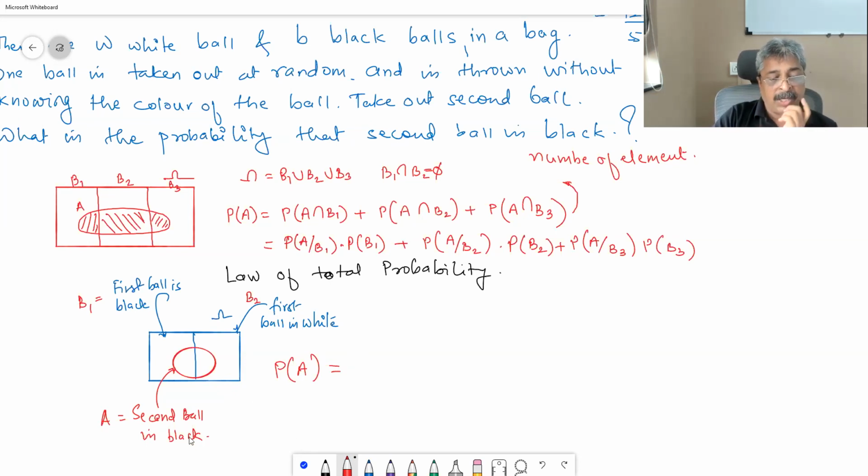So this is exactly what we are going to do here. Probability of second ball black given first ball black into probability of first ball black, plus probability of second ball black given first ball white into probability of first ball white. Only two terms, so we will have the formula: probability of A given B1 into probability of B1 plus probability of A given B2 into probability of B2.